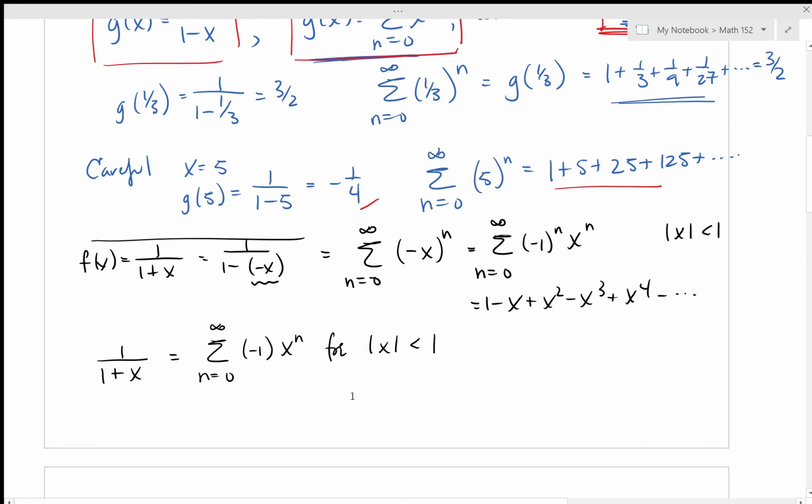So I use my information of the geometric series, and then I saw how I could make my new function look like a geometric series, and then I see what has to be there, and I make that substitution.